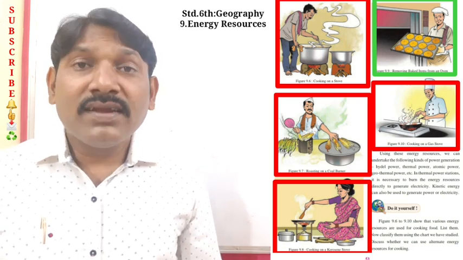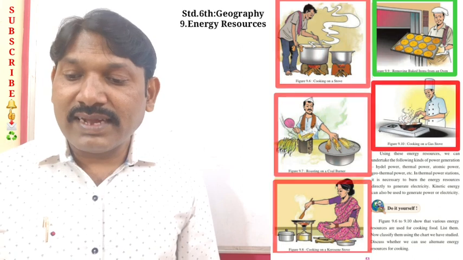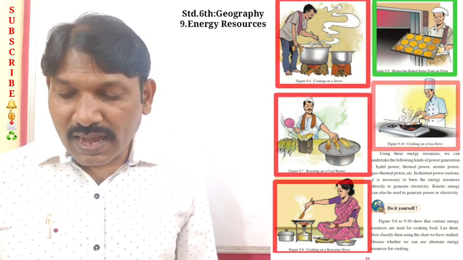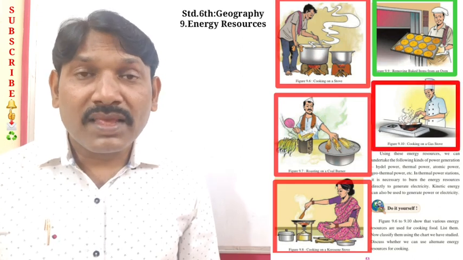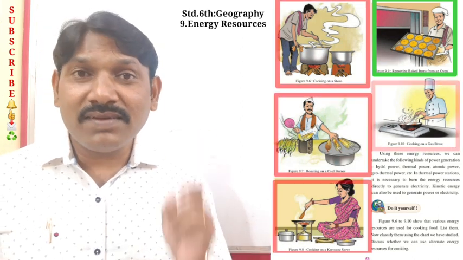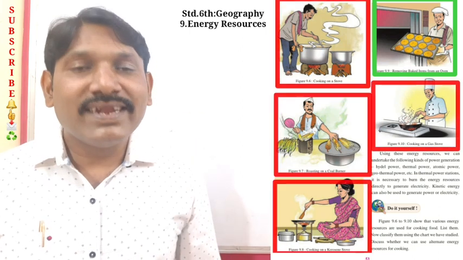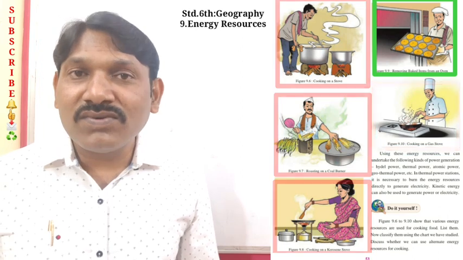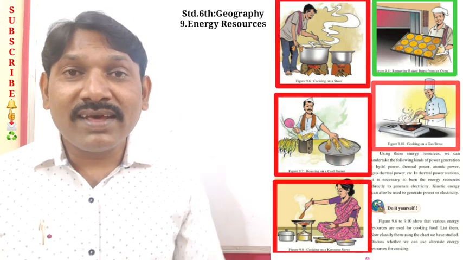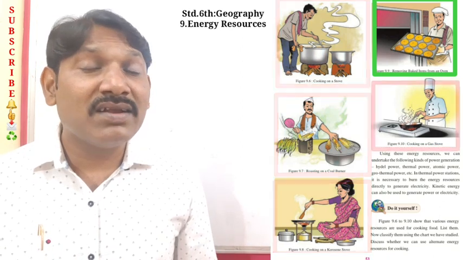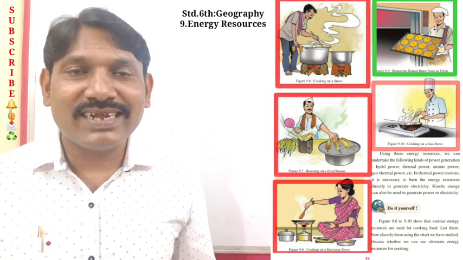Students, here the first three pictures, that is cooking on a stove, roasting on a coal burner and cooking on a kerosene stove, are natural resources which are available in nature and substance based energy resources. The alternative energy resource we can use here is solar energy to cook. Solar stoves can be used, which run on sunlight. Okay, student.